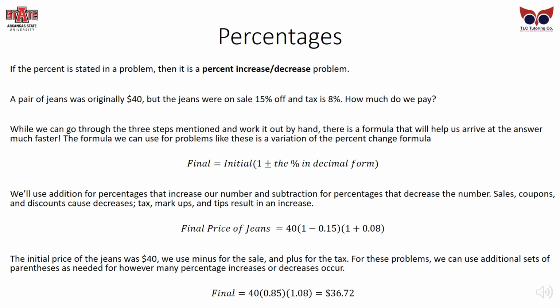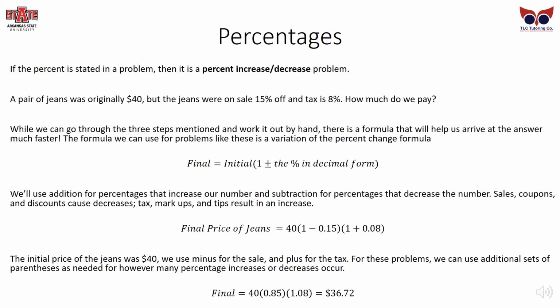Sales, coupons, and discounts cause decrease. Tax, markups, and tips result in an increase. Therefore, the final price of my jeans would equal 40 multiplied by 1 minus 0.15 multiplied by 1 plus 0.08.